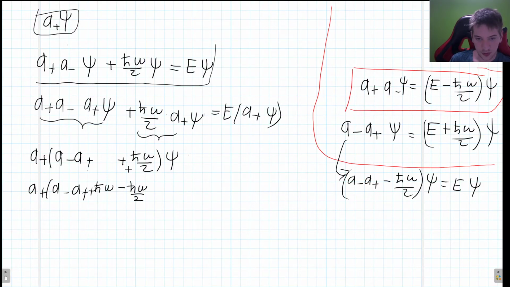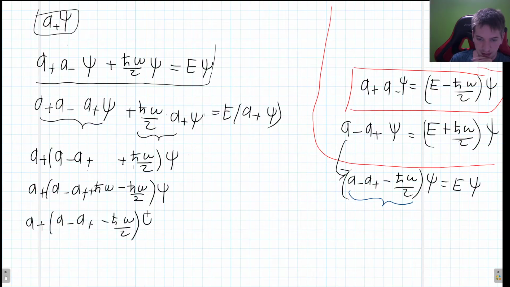All we did was we wrote this term here differently, because we want to be able to use this relationship right here. So this times psi. Now, we are going to separate these terms just to make this clear. So now we get A minus A plus minus h bar omega divided by 2 acting on psi.